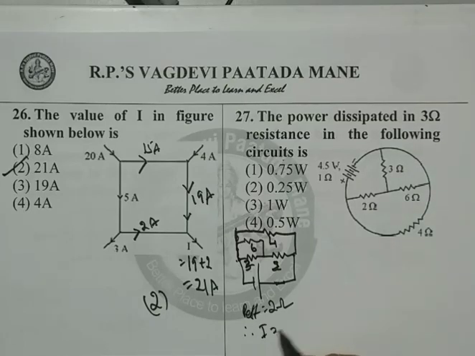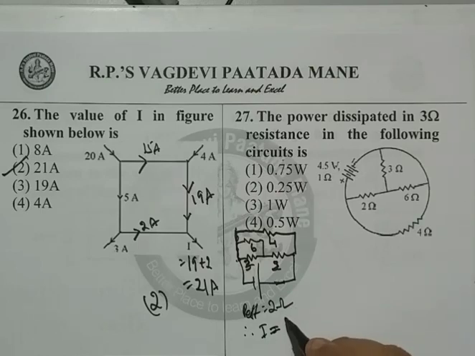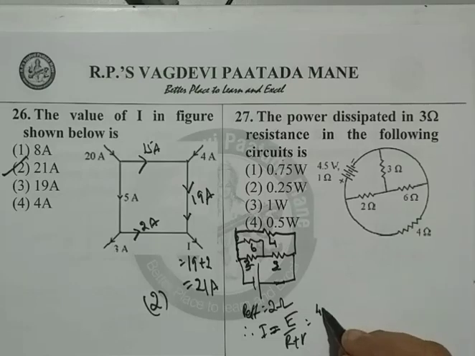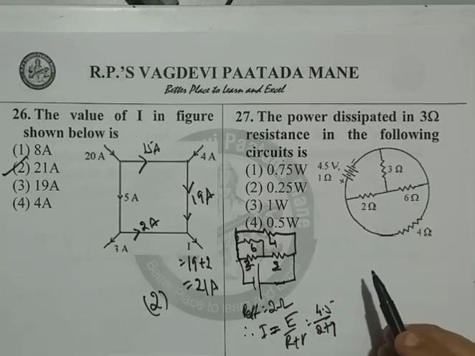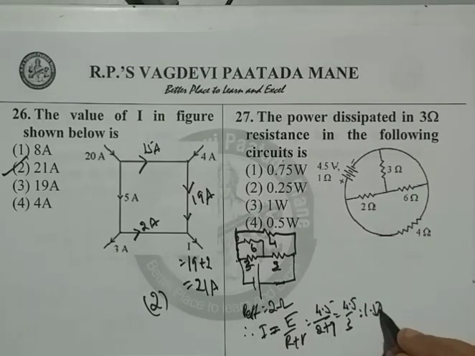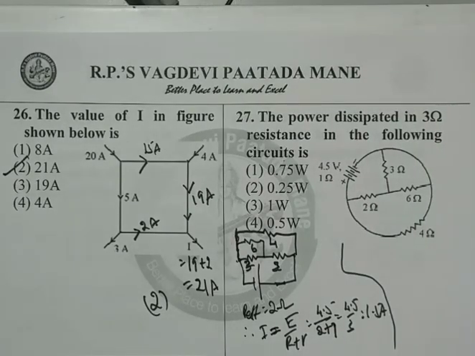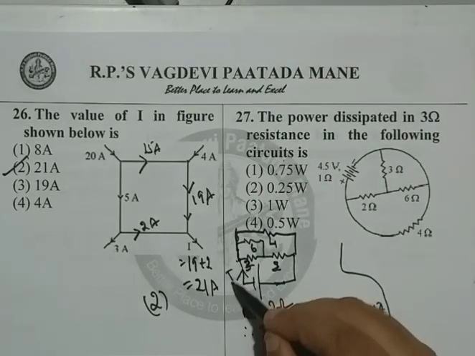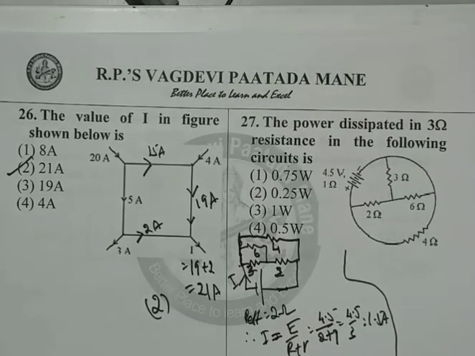Therefore, current I in the circuit is E by R plus r. E is 4.5, 2 plus 1, where 1 ohm is the internal resistance. Therefore, 4.5 by 3, which is 1.5 ampere. Current of 1.5 ampere is drawn from the battery.